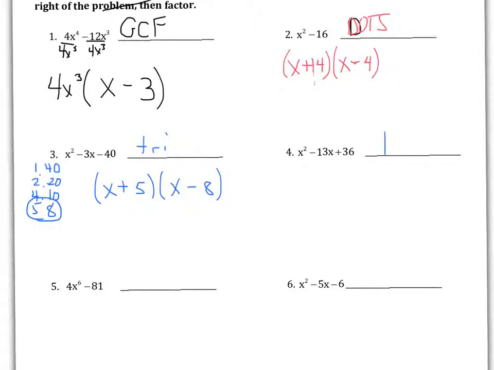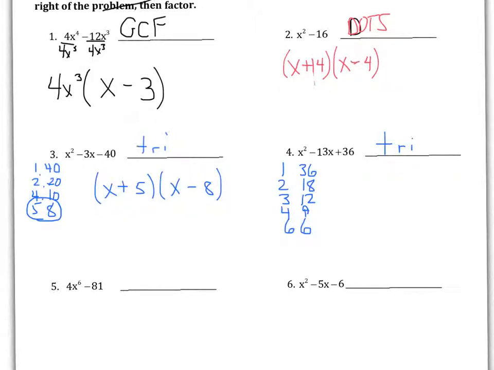Number 4 is another trinomial, and so we have to look at all the numbers that multiply to 36. So we've got 1 and 36, 2 and 18, 3 and 12, 4 and 9, and that's it. Nope, 6 and 6.